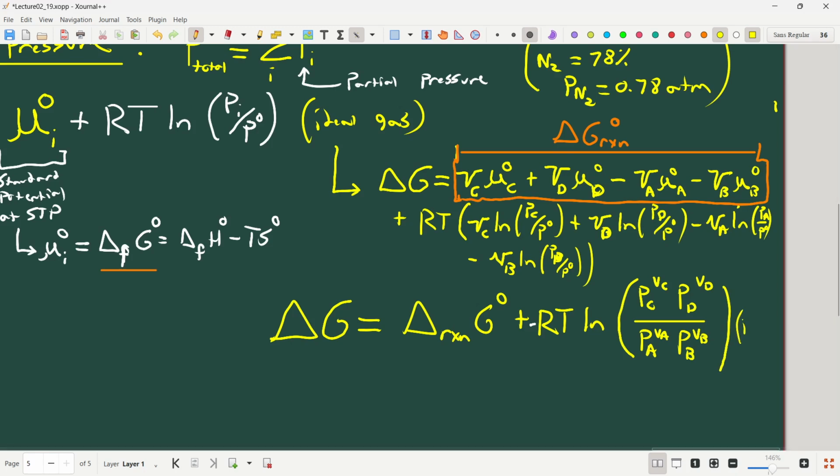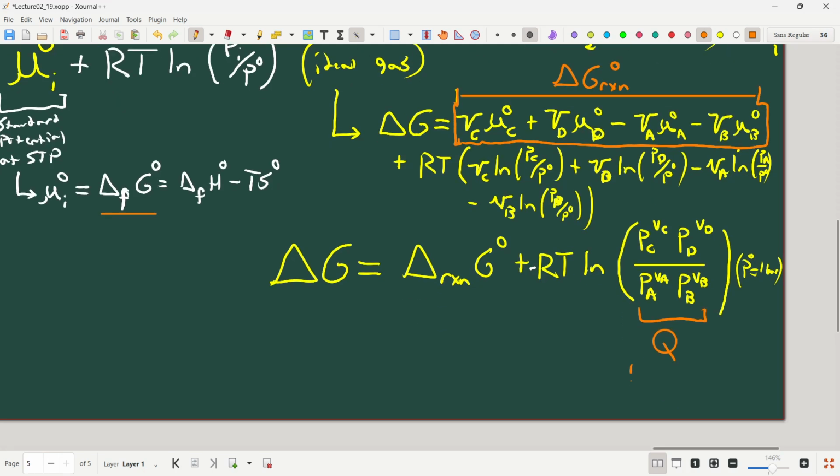Here we're assuming that P circle is 1 bar, so it just goes away. And this quotient right here is what's called Q, the reaction quotient.